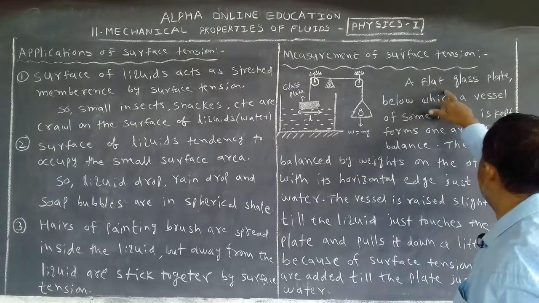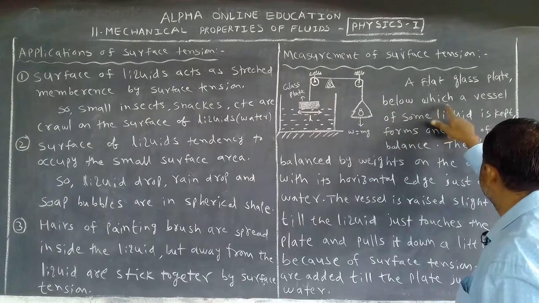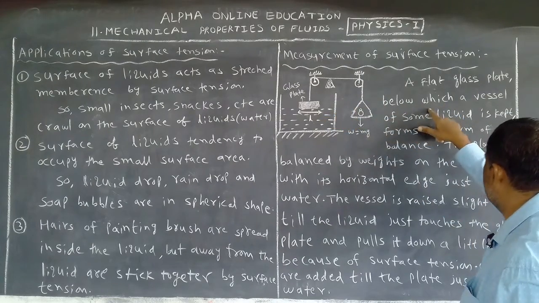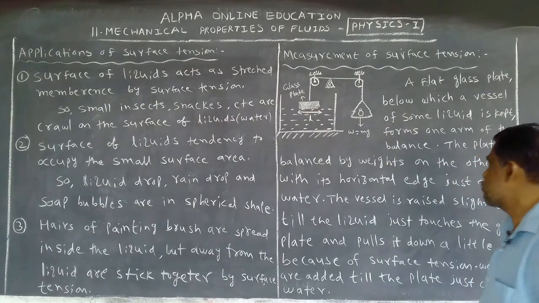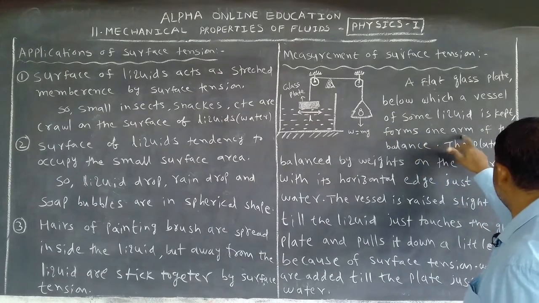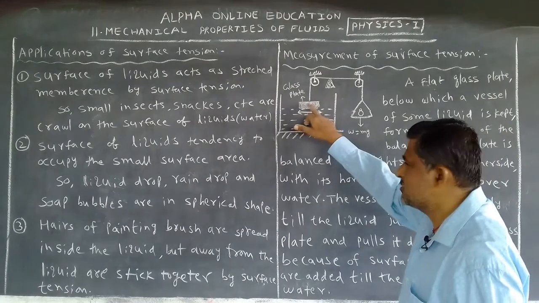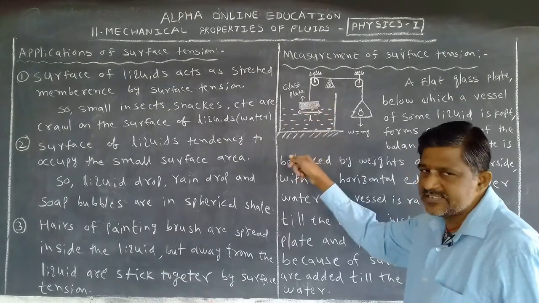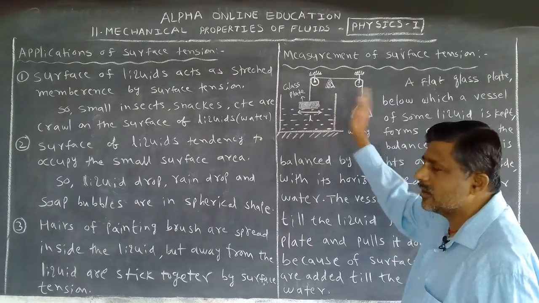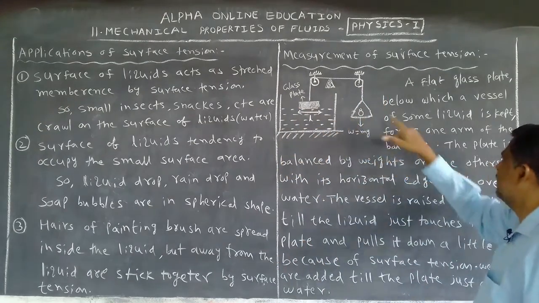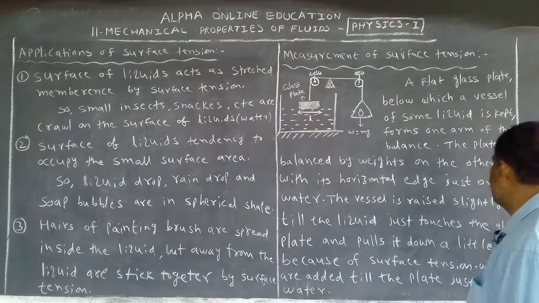Now a flat glass plate, below which a vessel of some liquid is kept, forms one arm of the balance. This is the glass plate. Will it sink in the water or not? The other end is connected to a pan, the other arm of the balance.